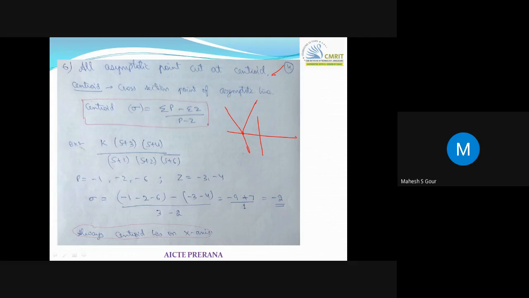If there are 4 asymptotic lines, it means P minus Z is equal to 4, so 4 poles are more compared to zeros. It won't go at 90 degrees or 180 degrees; there is a formula for how it will go. The centroid is the point from where all the asymptotic lines meet. At one end they meet at the centroid, at the other end they go to infinity.